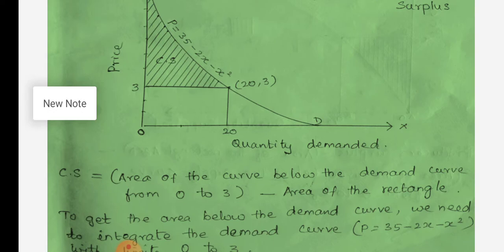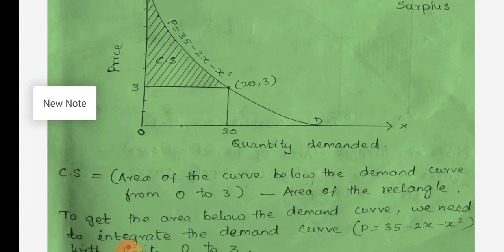Just look into the curve, the equation of the curve is given. When we integrate, we need to find the area of the total portion which is below the given demand curve. From that, we need to take away the area of the rectangle. We need to remove the rectangle. Then you would get the shaded portion, that is CS, whatever I have marked.